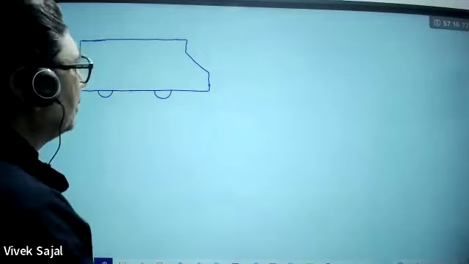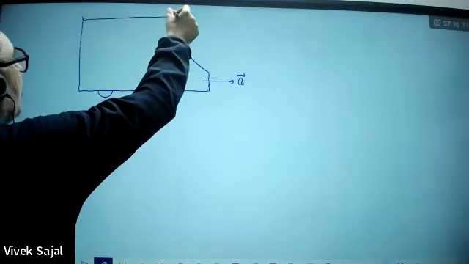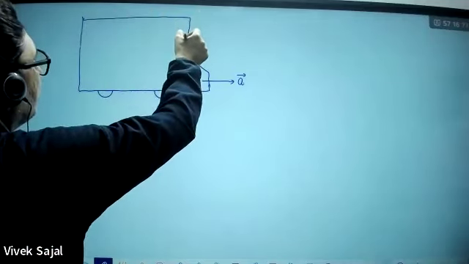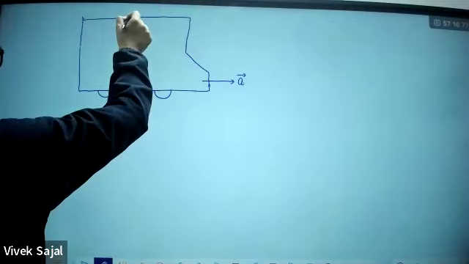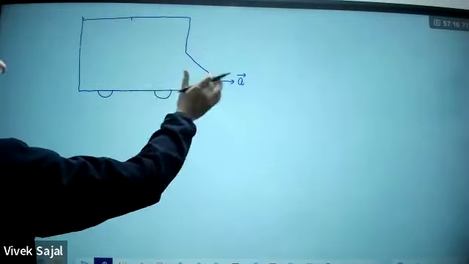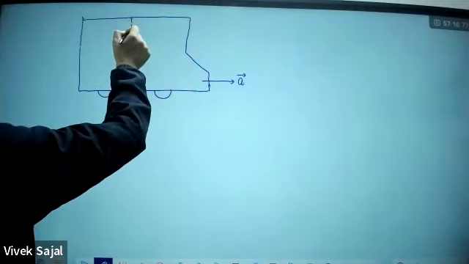If you attach a simple pendulum here to the roof of this bus, if the bus is at rest, try to understand, if this bus is not moving, your pendulum will be in the vertical direction.